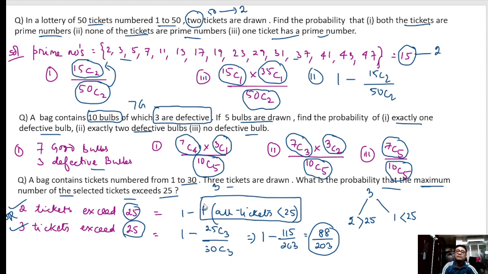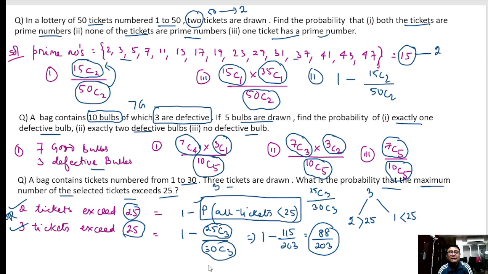How will you find this? 25C3 by 30C3, and then 1 minus this will give you the answer. Now if all the tickets are exceeding 25, so these are the options.